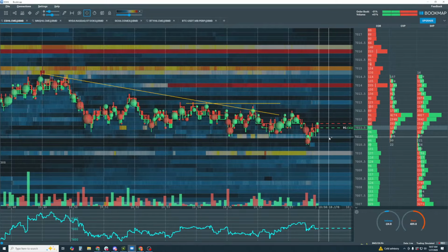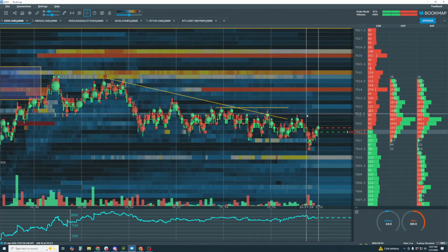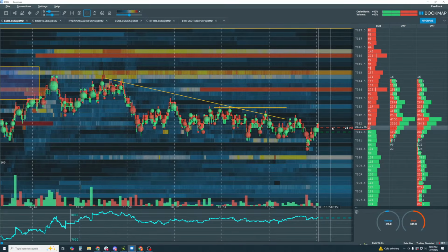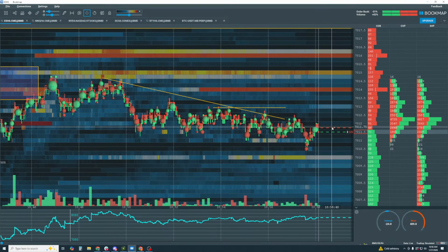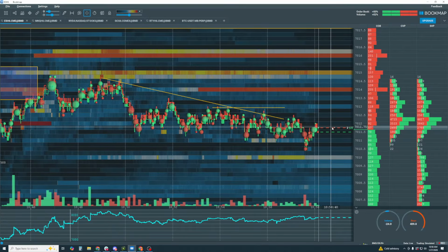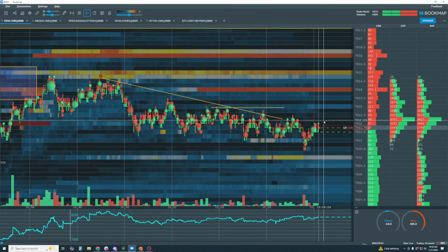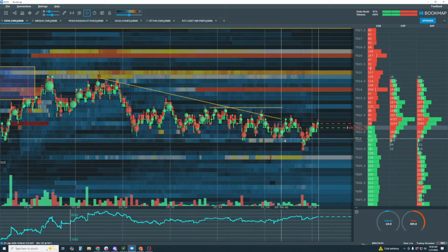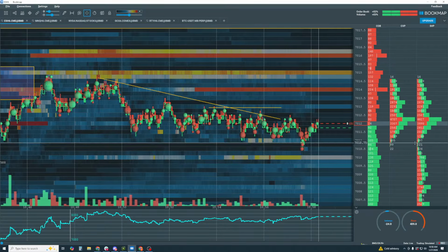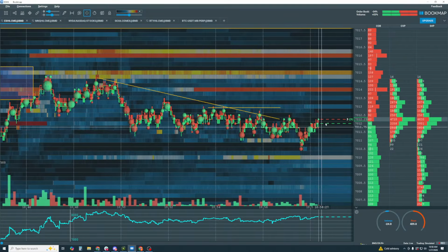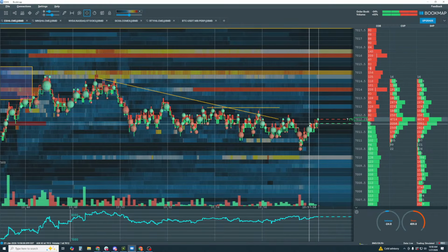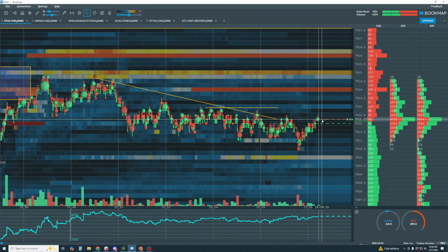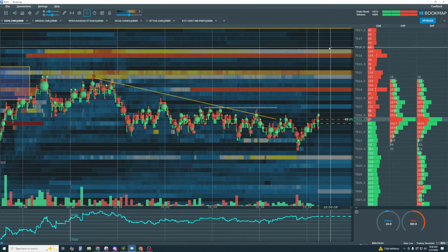I don't see that buying interest yet, so we don't do anything. It's good we trade into this liquidity, into our low volume node, and it's rejected. We just need to see something more in the order flow to give us more confirmation that we're going to trade up to 14 and maybe above.